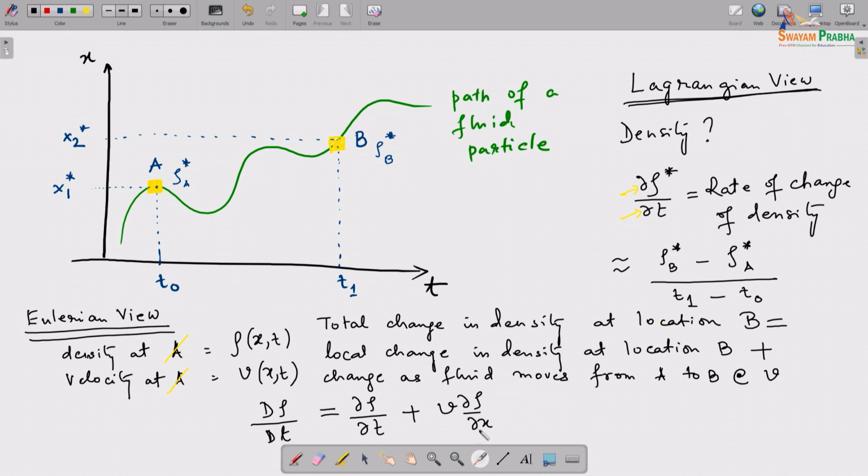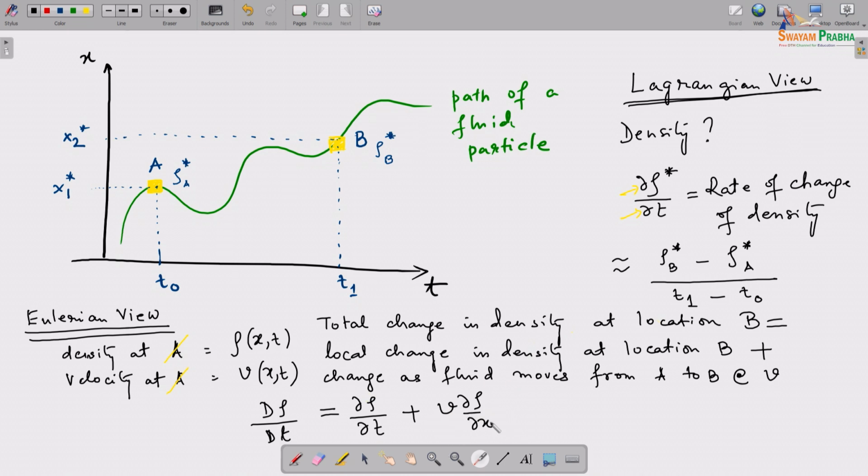So now what are the units of this first term, right. So it is kg per meter cube per second, is that right? Now here what is this? Del rho del x is kg per meter cube per meter, and velocity is meter per second.